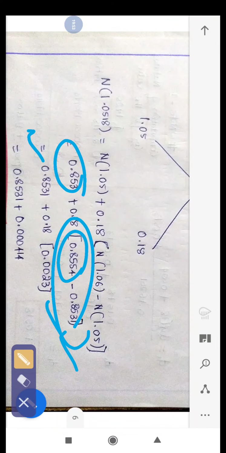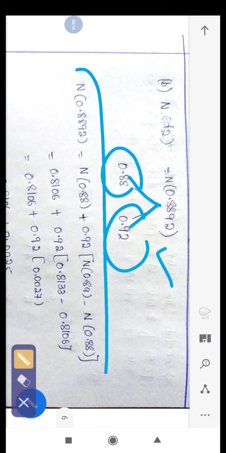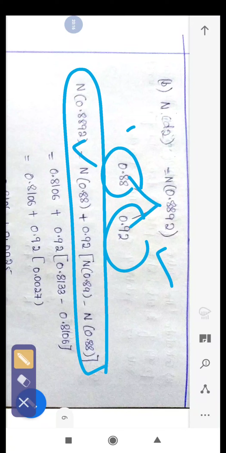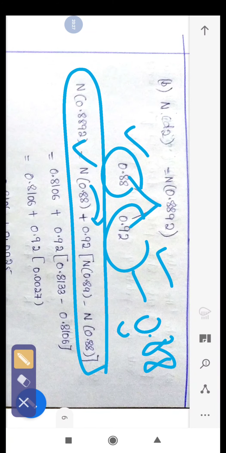So like this only we have to solve N(d2). So d2 is 0.8892. So divide this number into two parts, 0.88 and 0.92. The same method will be followed. First we take N of 0.88 plus the next number as it is. Within bracket we take the next number of 0.88. So after 0.88, the next number will be 0.89. Next we subtract the first number, that is N(0.88).